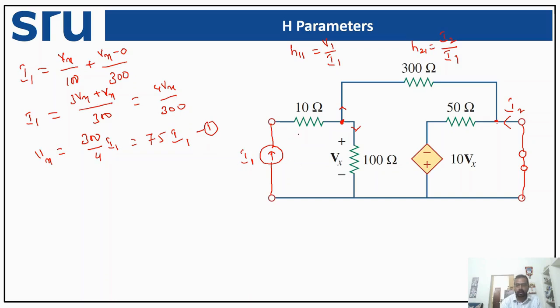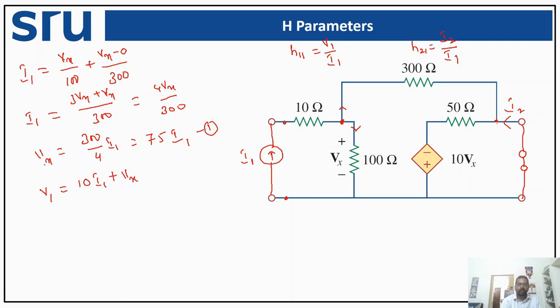But if you try to see this particular loop, we are going to have the voltage V1 created across this particular terminal. So how can we write? My V1 is equal to the voltage drop across this resistor and the voltage drop across this particular resistor. That is V1 equal to 10 I1 plus Vx, right? So why are we trying to write this equation? Because we need to have a relationship between V1 and I1.